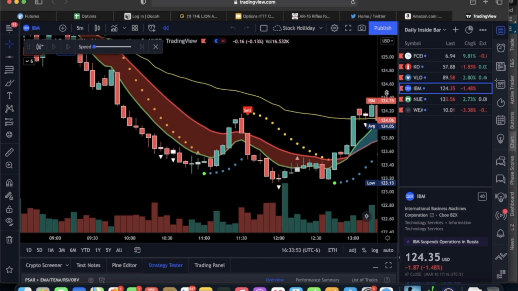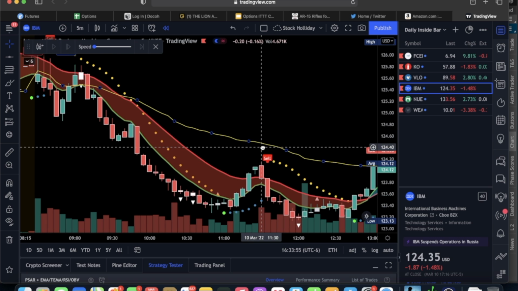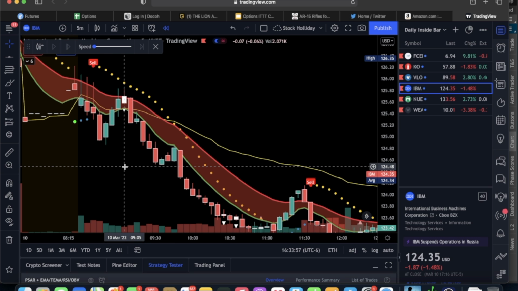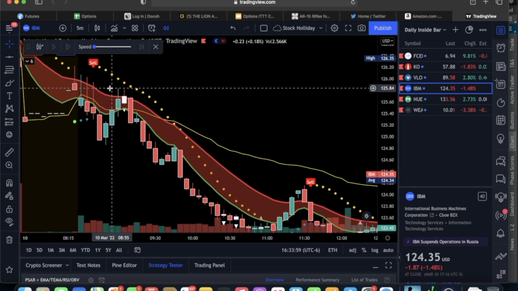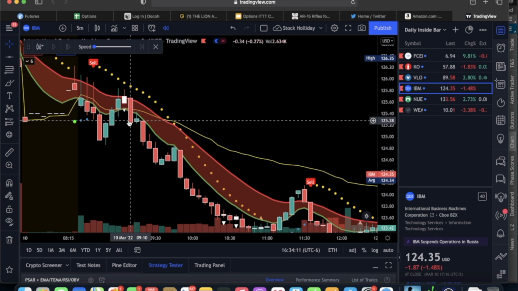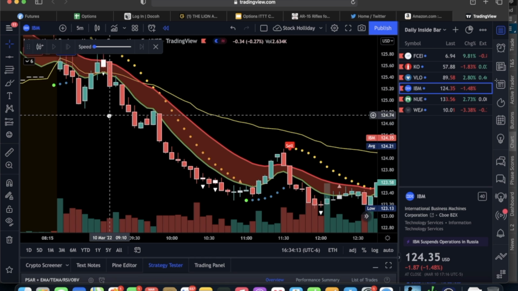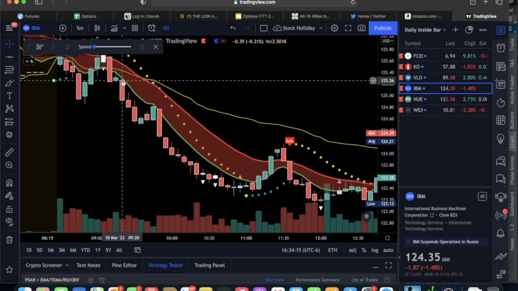I actually don't have my lines drawn on this one, but you'll be able to see this one right here. This right here was the low from the previous day. And you can see the same thing happened. It came down, it came back up, it retested, and then it broke down. And just look at how it honors that 8 EMA.